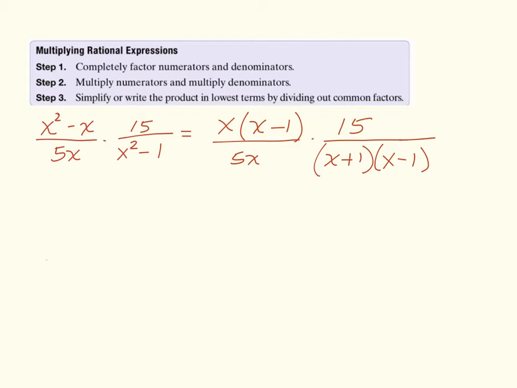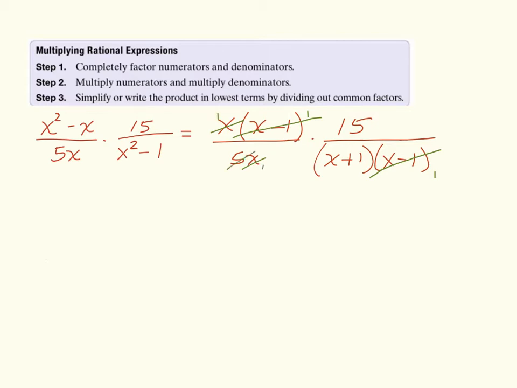Okay, so now you can see that the factor x minus 1 cancels with this x minus 1. The whole factor cancels and they become ones. Then the x here cancels with this x up here. So those are ones, so they're multiplied now by 1.